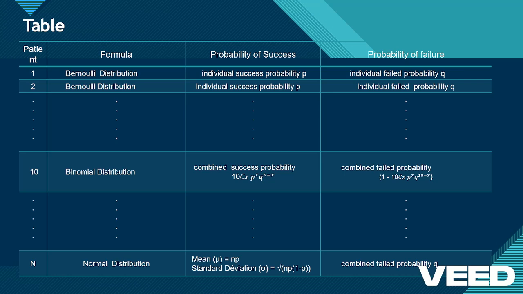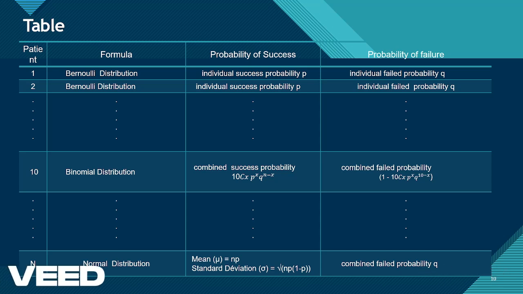Similarly, it was tested for patient number 2, and he also showed an effect similar to patient number 1. Now, if we go up to 10 patients, it will be difficult to check whether the drug is efficient or not, because going to individual patients one by one is not suitable for our conditions, as it will increase the cost as well as the time.